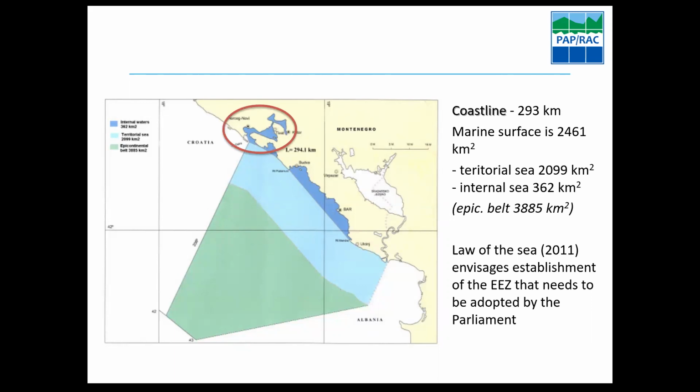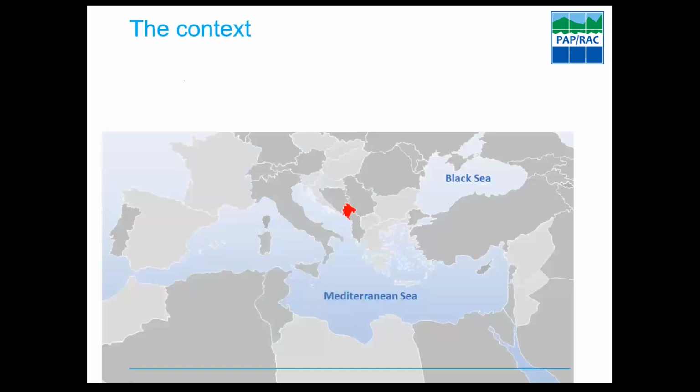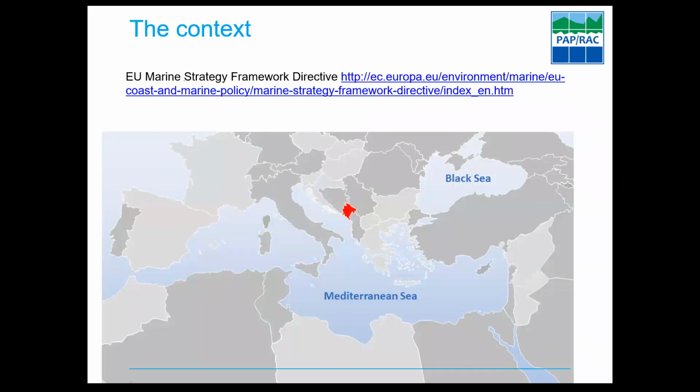The pilot that we tested is in this little bay of Boka Kotorska on the north part of the Montenegrin coast. Looking again at the Mediterranean and Europe, to give a context on the legal framework, one of the key documents is, in addition to the EU MSP directive, the EU Marine Strategy Framework Directive.